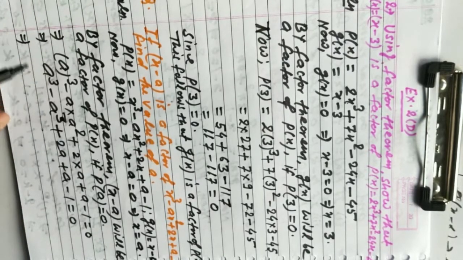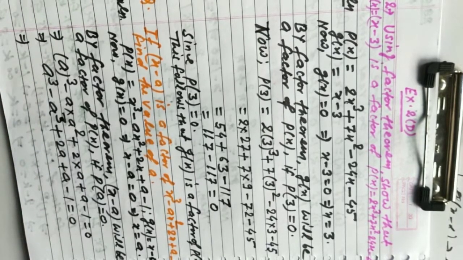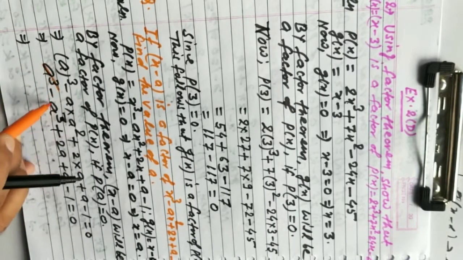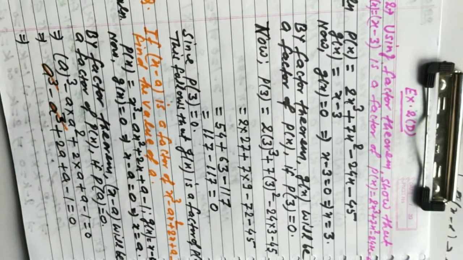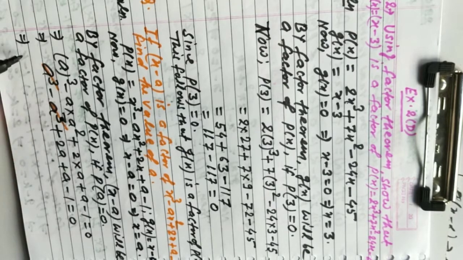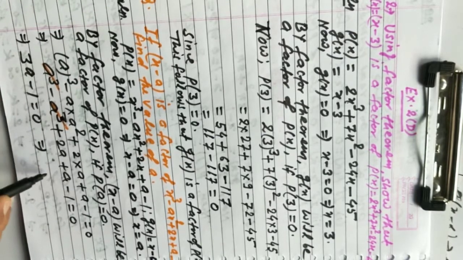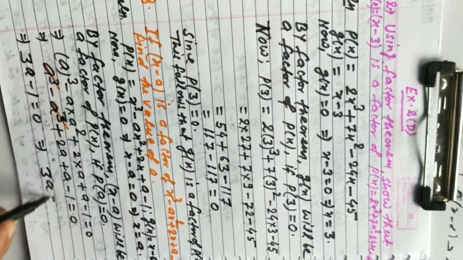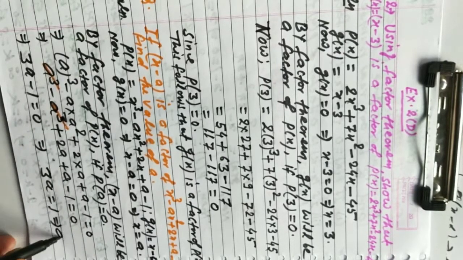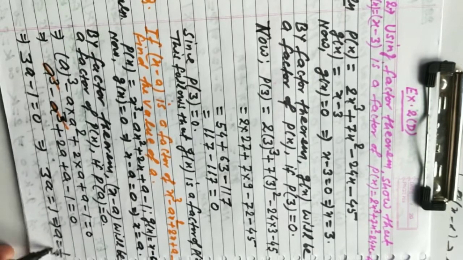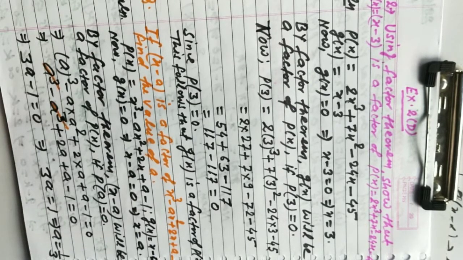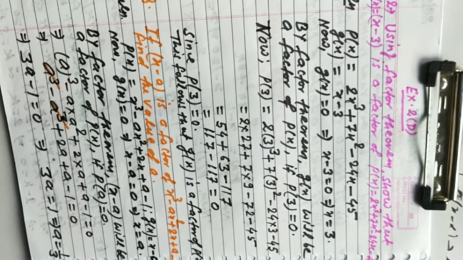So this implies that this a cube will cancel with this a cube, and 2a plus a will be equal to 3a minus 1 is equal to 0. This implies that 3a is equal to 1. This implies that a is equal to 1 upon 3. So required value of a is 1 by 3.